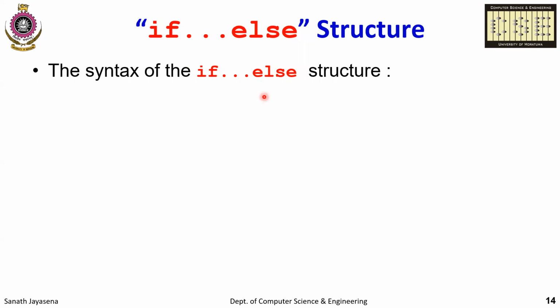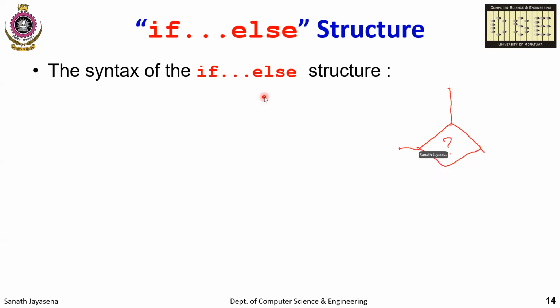Now, in the previous part, we looked at the if structure alone. What does that mean? If you go back and refer to the earlier diagram, when we were discussing the control structures, remember we had the selection control structure in a certain way. Let me draw it here for simplicity. We had a checking of the condition.